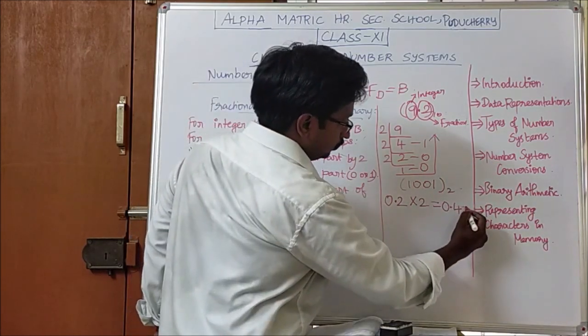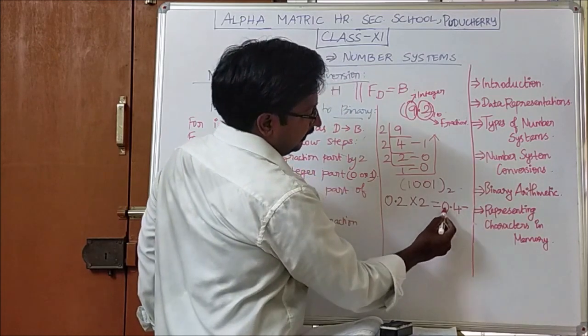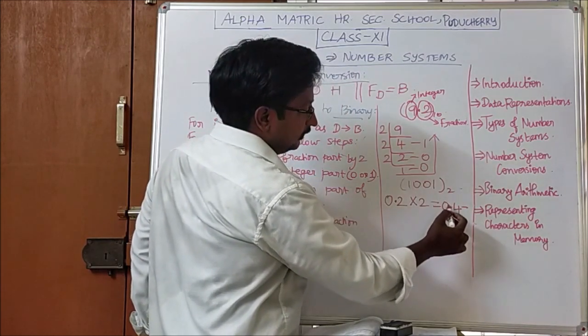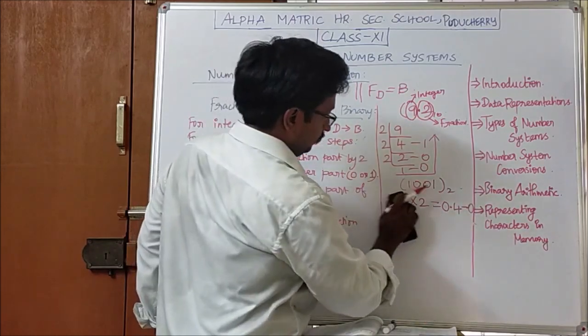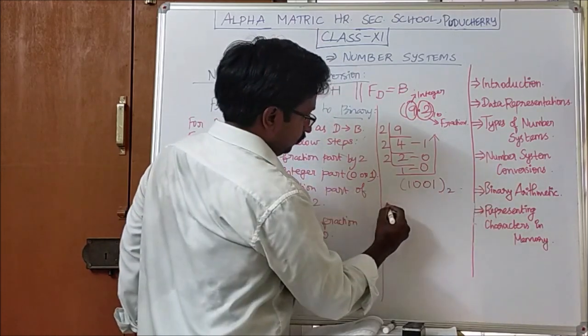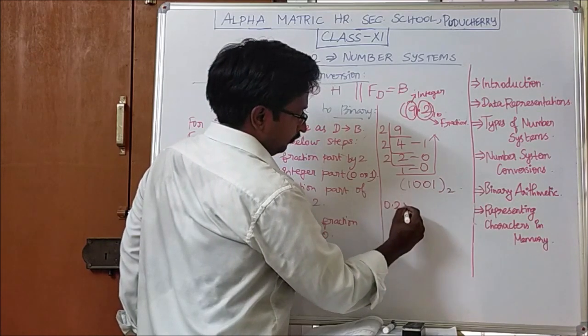So you have to take the resultant integer part separately. I will write smaller so that it will be easy.